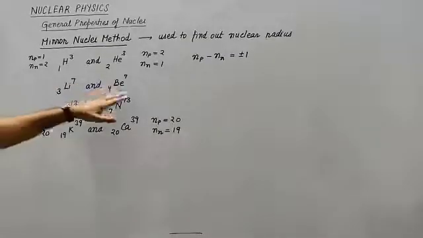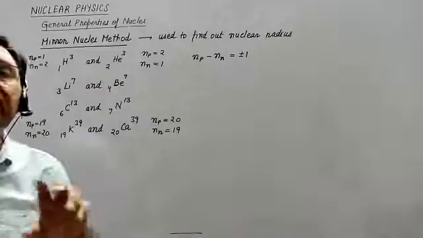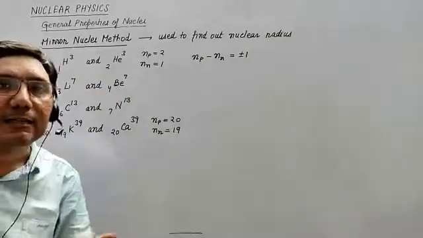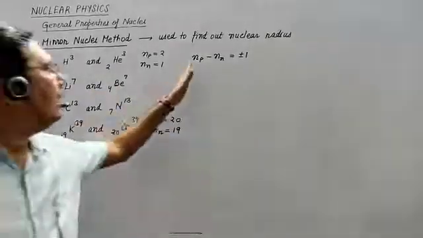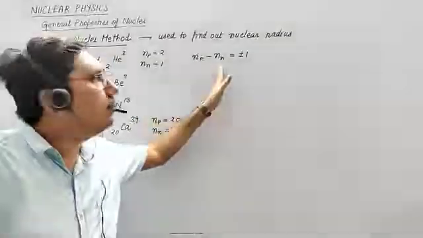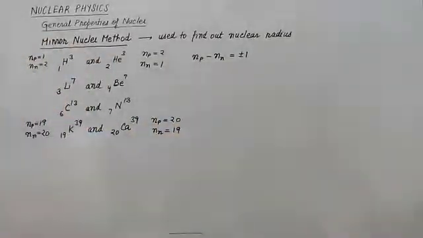So this type of nuclei, where the number of protons and the number of neutrons are exchanged, as well as the difference between the number of protons and the number of neutrons is only plus or minus 1, are known as mirror nuclei.